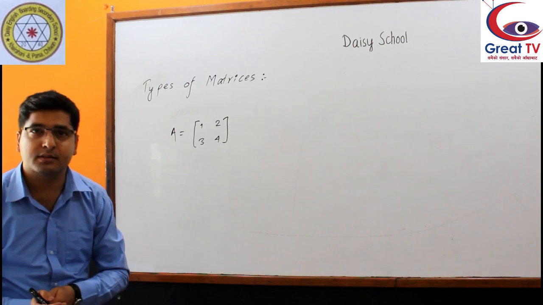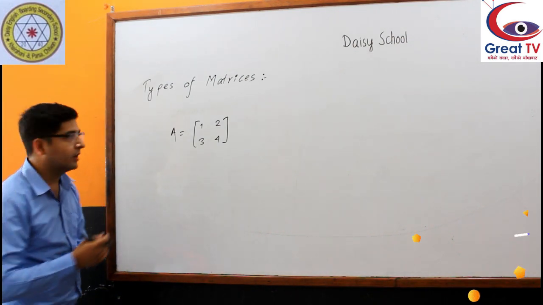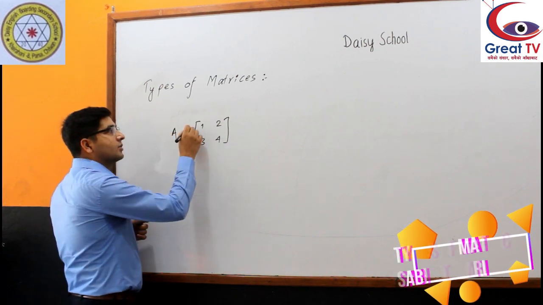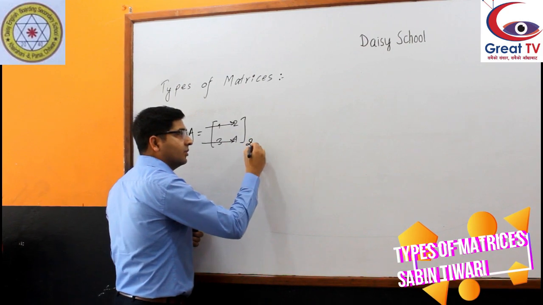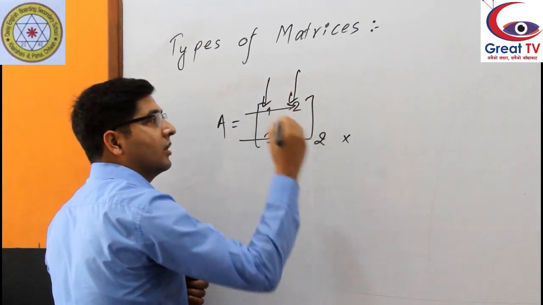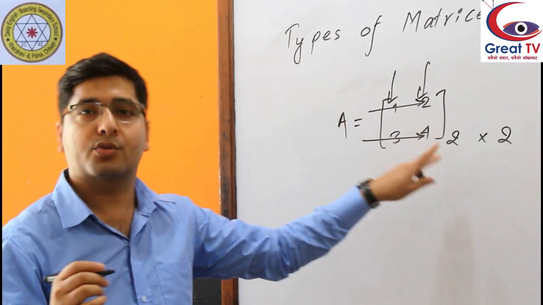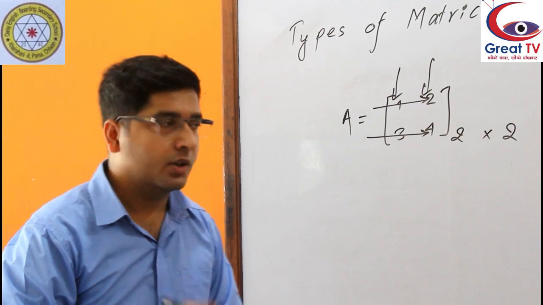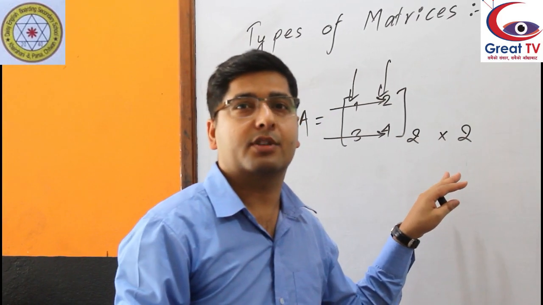Order means number of rows by number of columns. Matrix A has 2 rows, first and second row, and 2 columns, first column and second column, so you can write 2 by 2. That is the order of this matrix. A is 2 by 2. You have to remember this in this video.